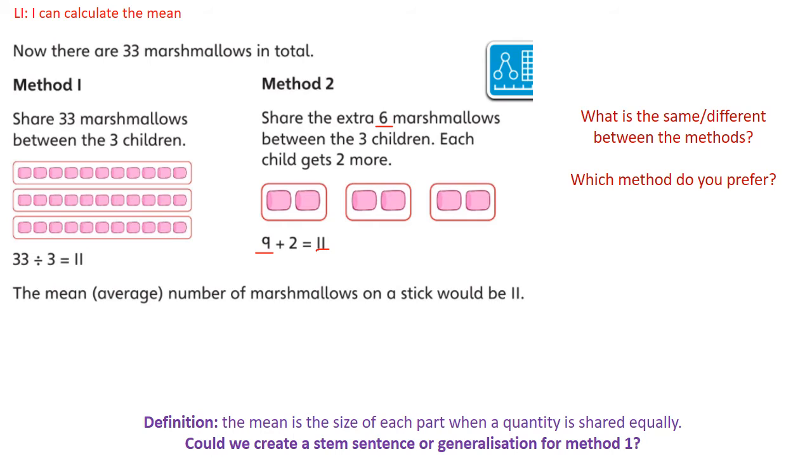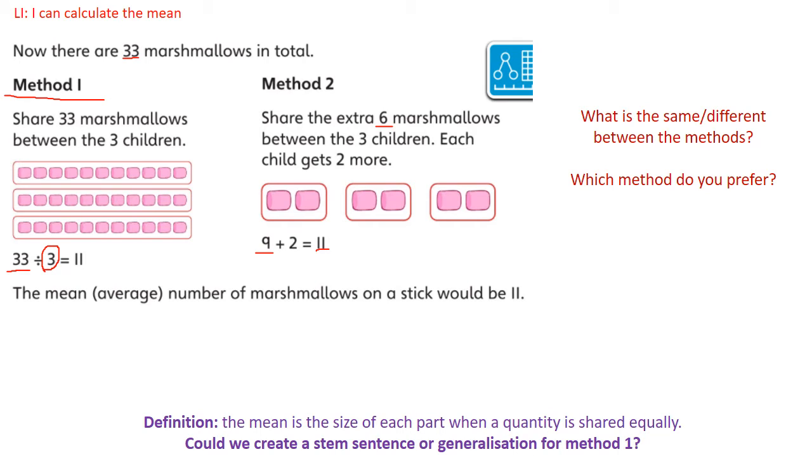But I want us now to think about method 1. So we now have 33 marshmallows in total. So we want to share out the 33 marshmallows equally among the 3 children. So 33 is our dividend. 3 is our divisor.